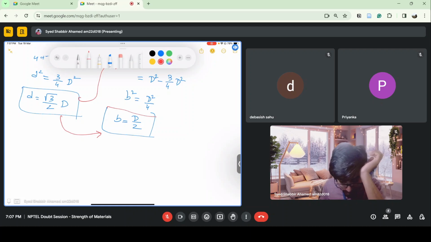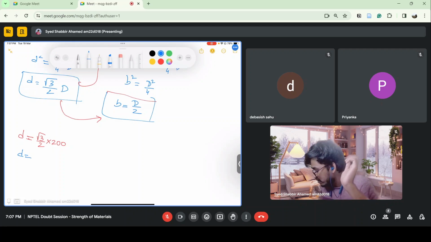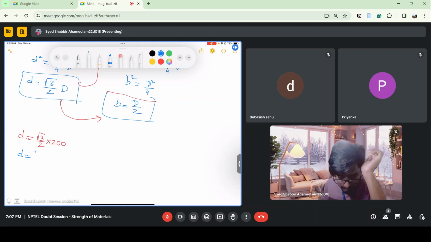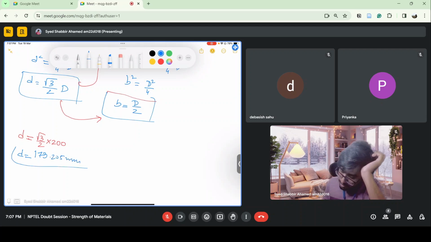So we know capital D, so from that we can find out the small d. We can get, I think, root 3 by 2 times 200, 173.205 something mm.